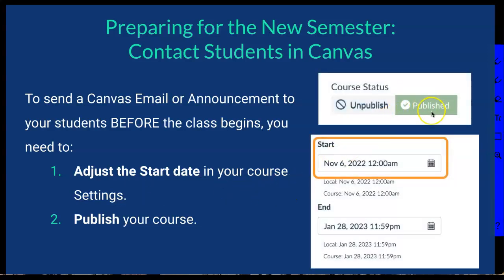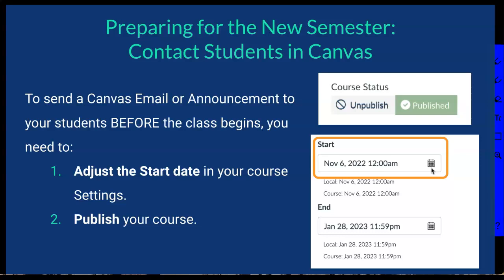So we all know how to publish our course, and then you'll go to your course settings, and where you see the start date for the course, you'll select the calendar to change that date, which can be prior to the start of the semester.